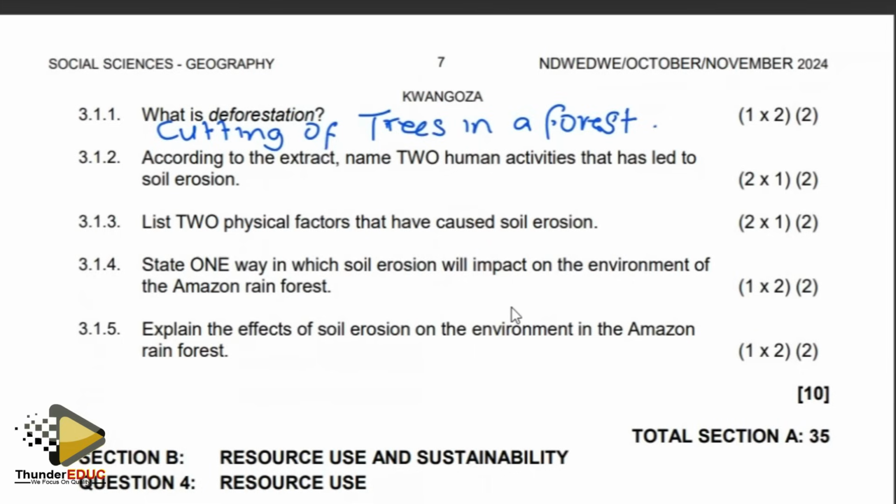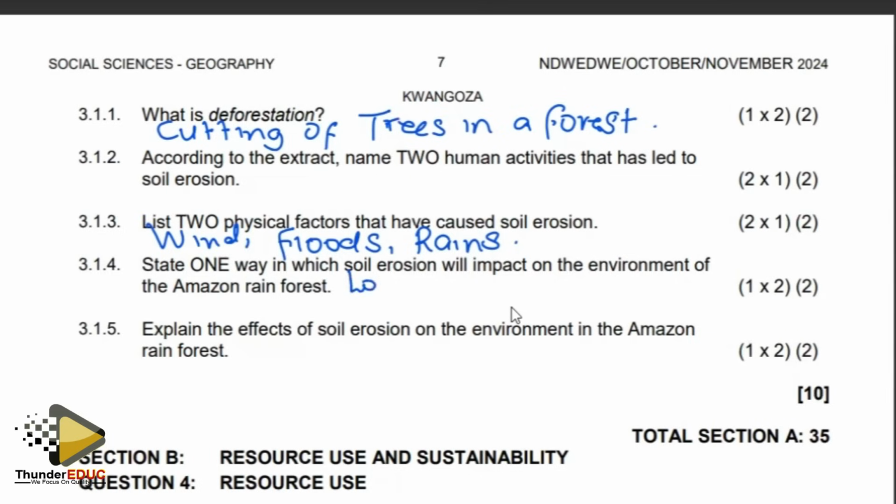The ones that you can talk about here: you talk about wind. You talk about floods. These are natural physical factors. You talk about rains. And then state one way in which soil erosion will impact on the environment of the Amazon rainforest.